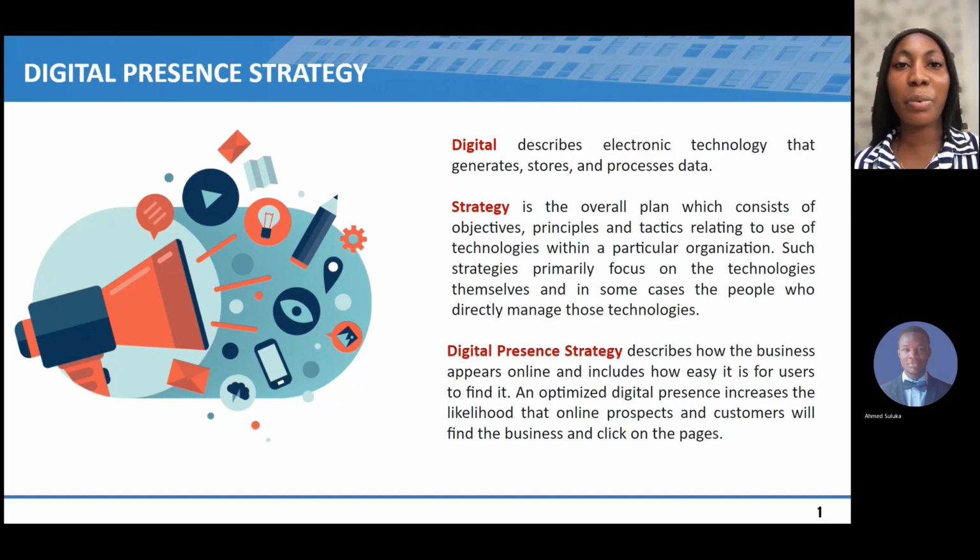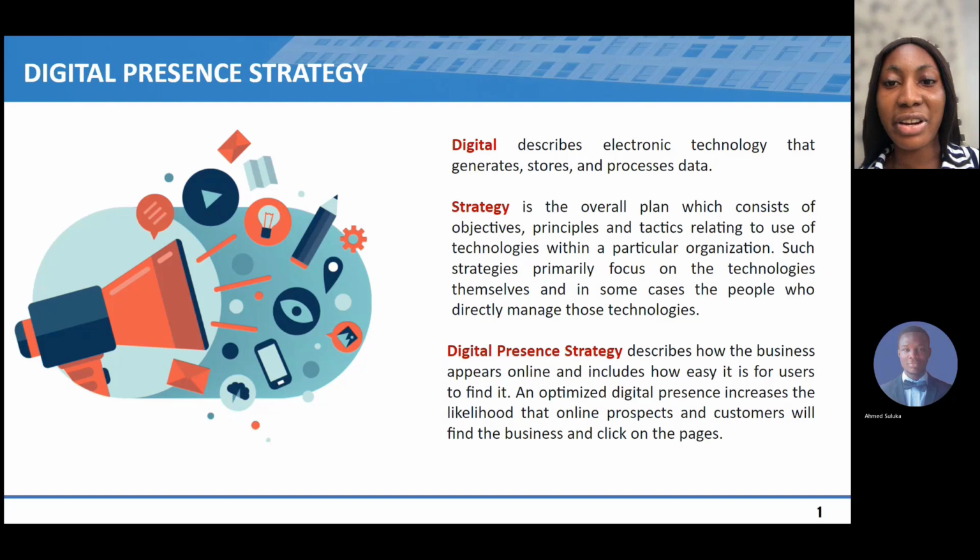An optimized digital presence increases the likelihood that online prospects and customers will find the business and click on the pages. That is why, as a business, we need to have a reliable and enticing digital presence so that our customers and prospects can easily get attracted to click on our business pages.